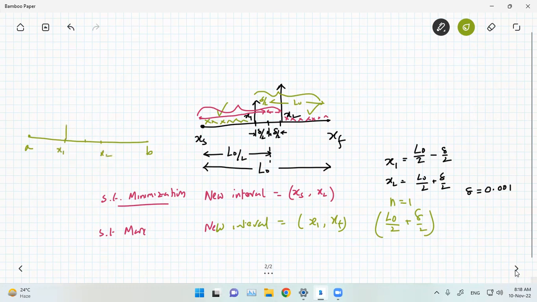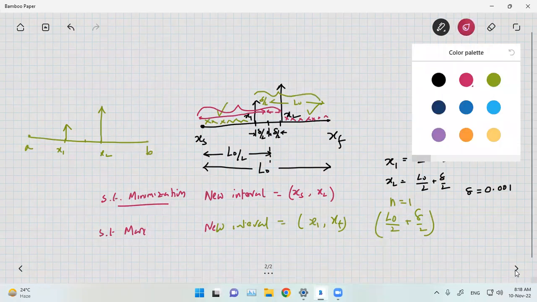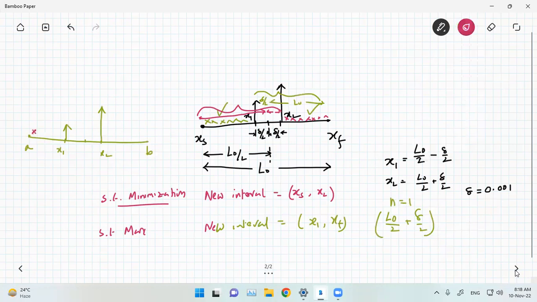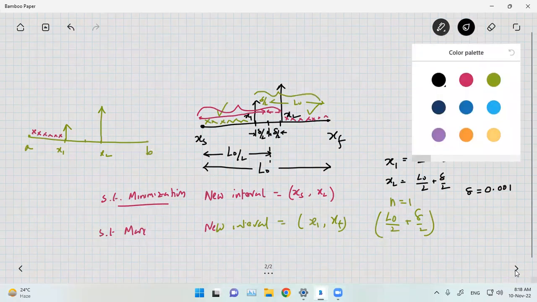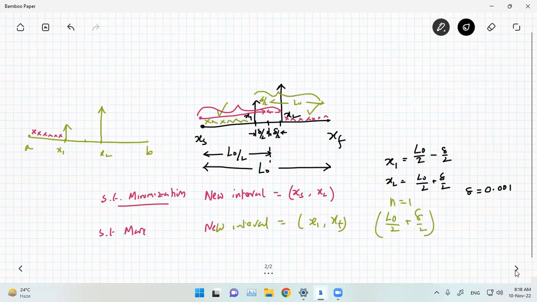And we have seen that this may be a maximization problem, so we can discard the lower value. Basically, we can discard this portion, so our new interval is going to become this segment. We can also say that this will be our new A, and this will remain as B. Then again, we have to take the middle of it.